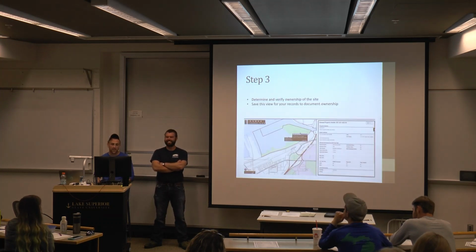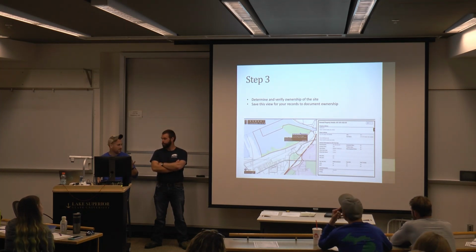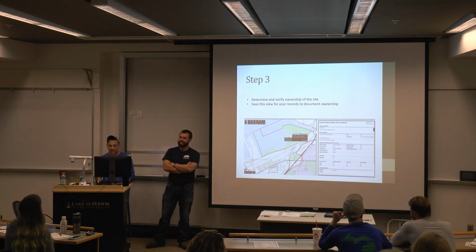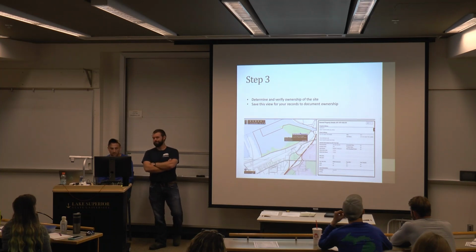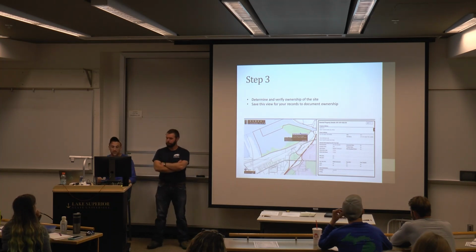Okay. So go out there and do your survey. The next step is looking at who owns the property. Sault Ste. Marie City Limits has this online, so you're able to go and pull this property up. So this is city-owned property. This is something that Nick already has permission to work on.